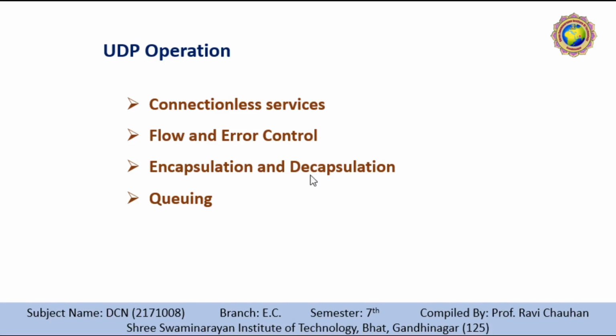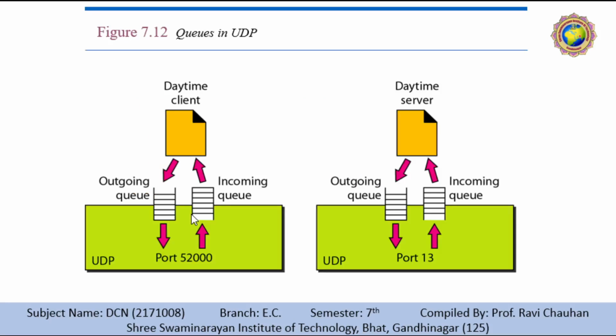Next is encapsulation and decapsulation. To send a message from one process to another, the UDP protocol encapsulates and decapsulates the message in an IP datagram. Queuing. We have talked about ports without discussing the actual implementation of them. In UDP, queues are associated with the ports. For this, consider this figure.